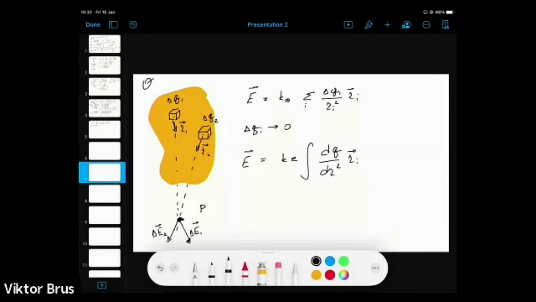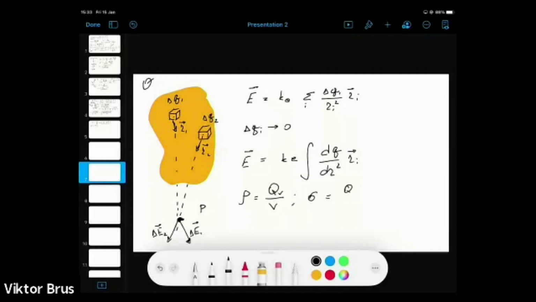If we have a volume distribution of charge, it's rho, which equals the total charge accumulated in this volume divided by the volume itself. However, it could be a surface, so it's sigma equals the total electric charge divided by area.